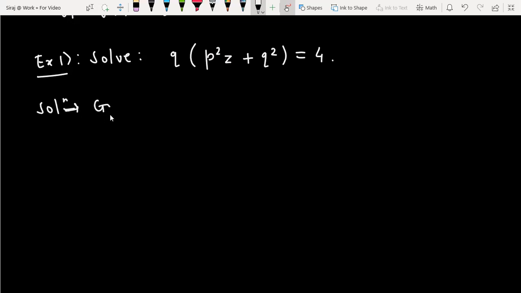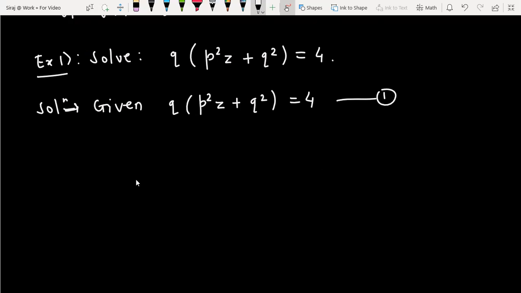So as usual, first of all, we will write the given partial differential equation as it is: q(p squared z plus q squared) equal to 4. Mark it as equation number 1. Now we have to identify the type of equation. Before solving it, we have to identify the type of the given partial differential equation.